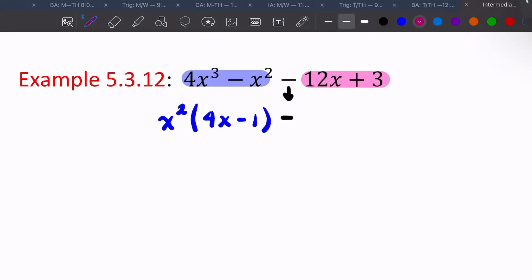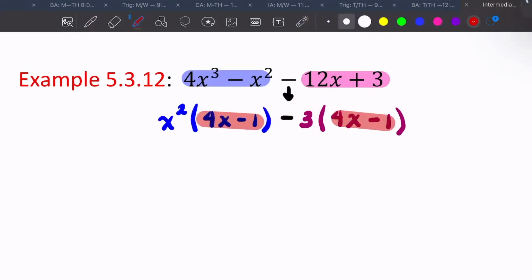For this one, we can take out a 3. The greatest common factor between 12 and 3 is 3. And we're left with 4x. We took out a negative 3, so this sign right here needs to change to negative in our parentheses. 1.